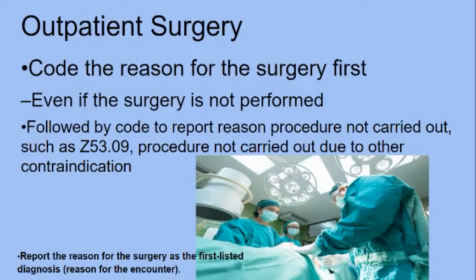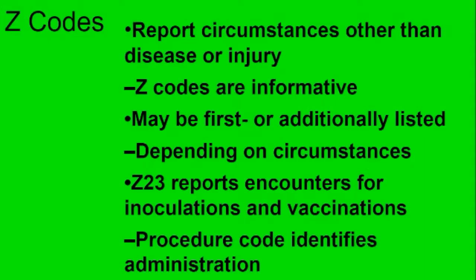That simply means, for example, if they start doing a gallbladder surgery and your heart rate goes through the roof and your blood pressure can't come down, so they cannot continue the surgery, you still have to code that they did the surgery, but then you put the Z53.09 telling them that they had to cease the surgery due to a contraindication. So I hope that made sense.